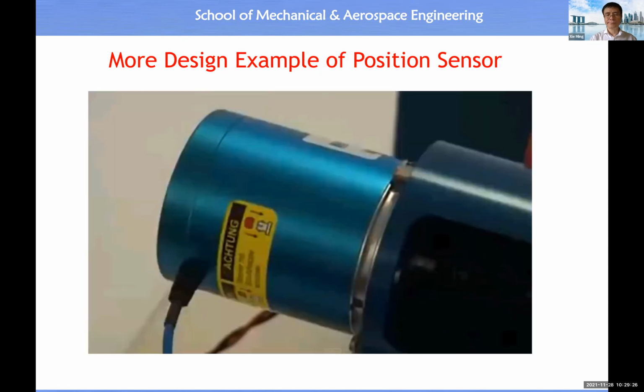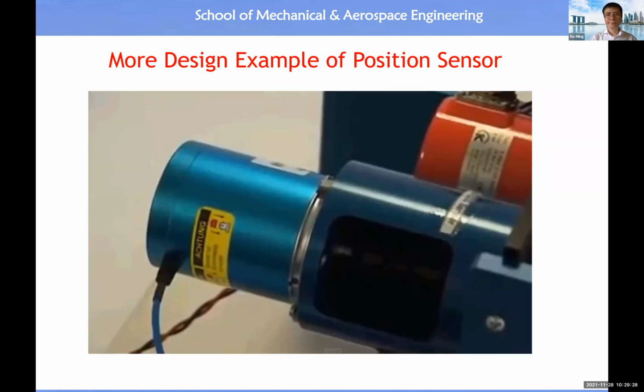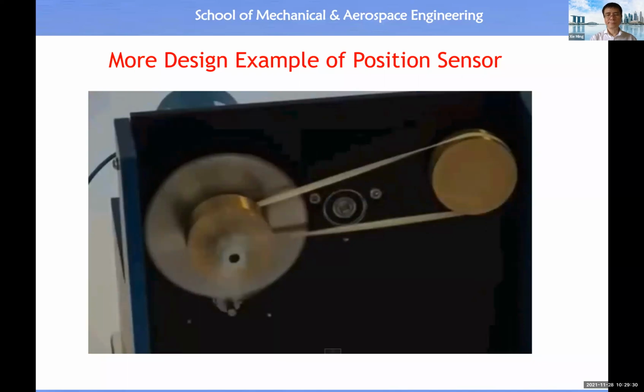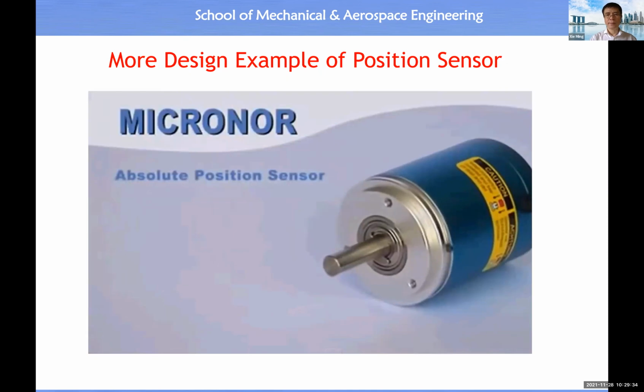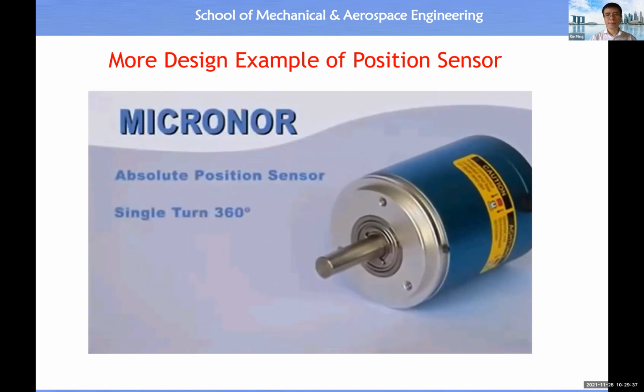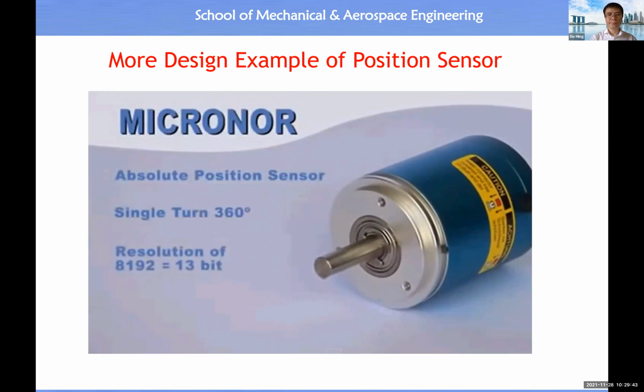The system keeps accurate track of positions and speeds in excess of 2,500 RPM. This is an absolute position sensor. Single turn with a 360-degree continuous reading and a resolution of 8,192. It keeps track of speeds in excess of 2,500 RPM.